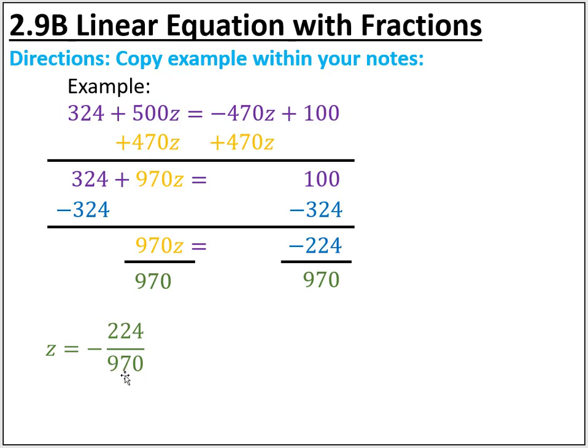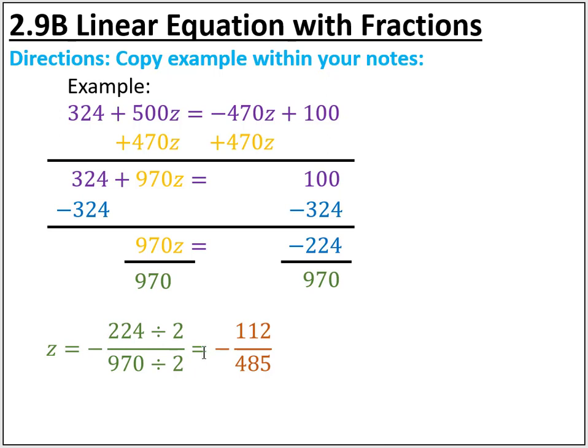Now, whenever you have a fraction, you have to check if you can simplify. So, in my experience when working with big numbers, I don't know all the multiplication right away. However, I do know that 224 and 970, they're both even numbers. So I'm going to divide the numerator and the denominator by 2.